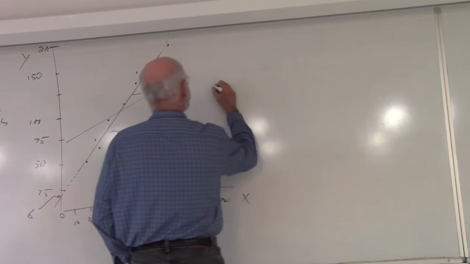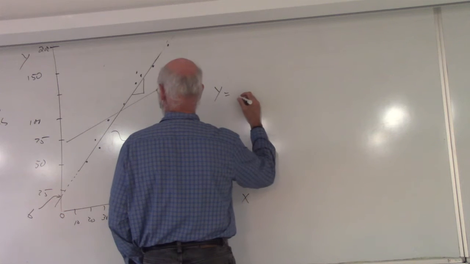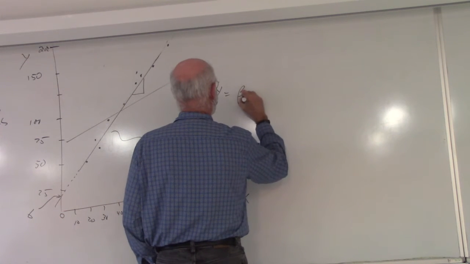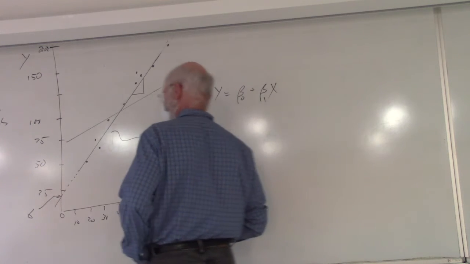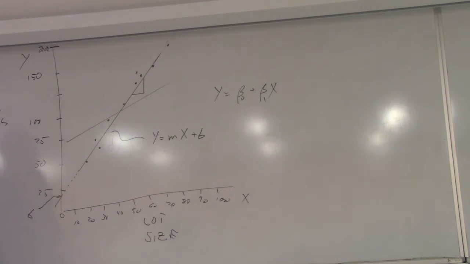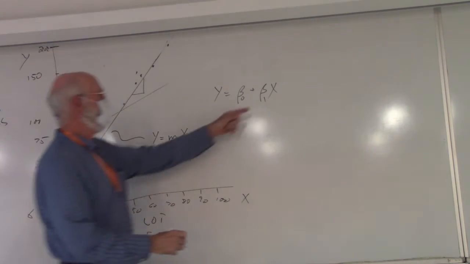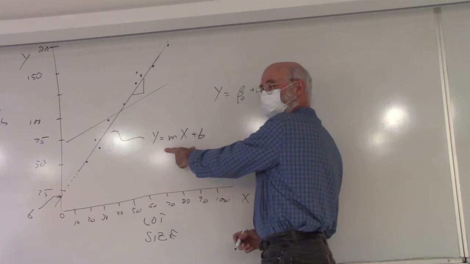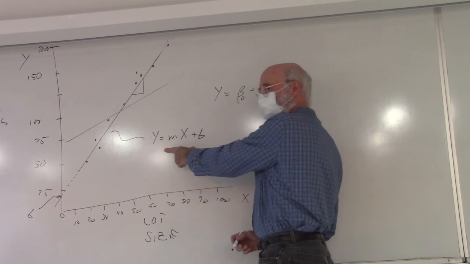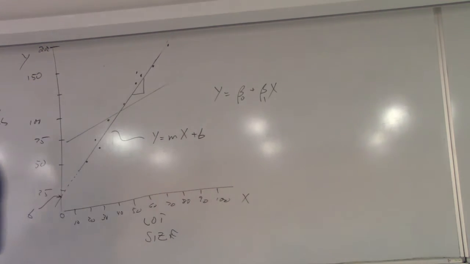So what we're going to do is we're going to have y equals beta 0 plus beta 1 x, where beta 0 is that point right there, and beta 1 is the slope. Same damn thing, okay? We're just going to use different symbols.